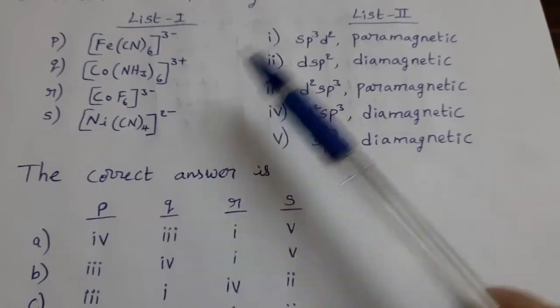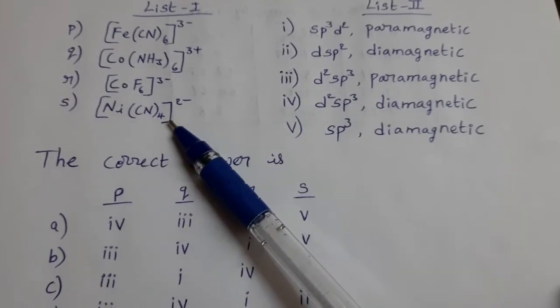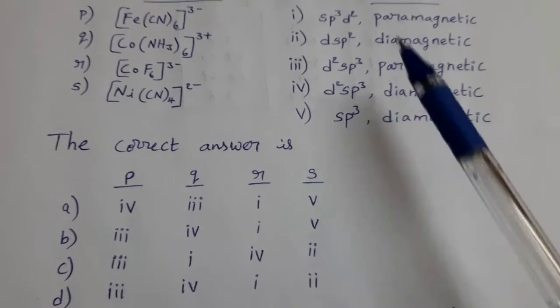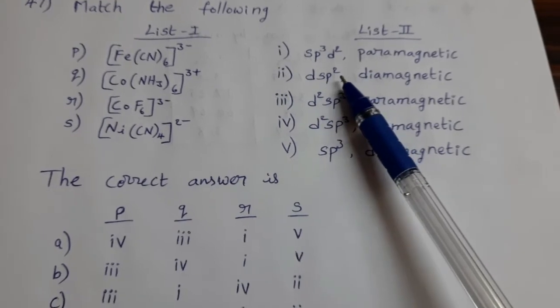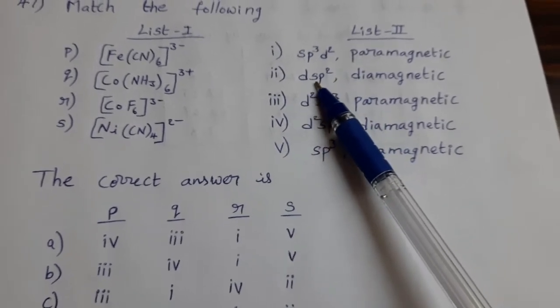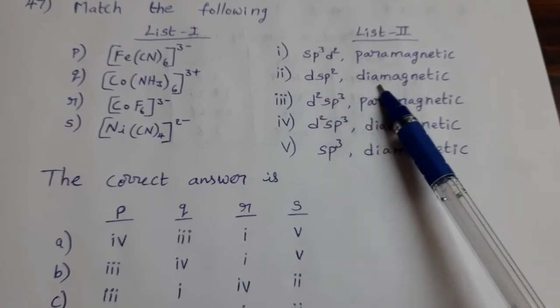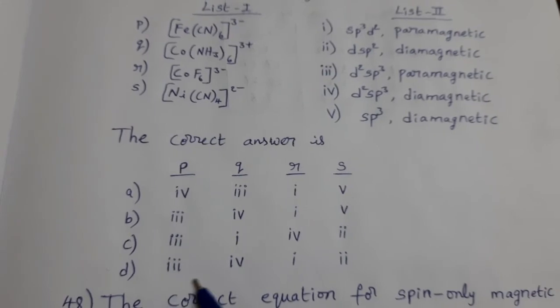Coordination number 4 means options 1, 3, 4 are not suitable. Only 2 and 5. In that, this is a strong ligand, so obviously we have to select this option only: dsp2, magnetic nature is diamagnetic. So finally the answer is option D.